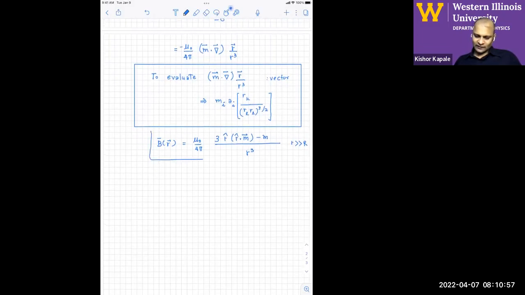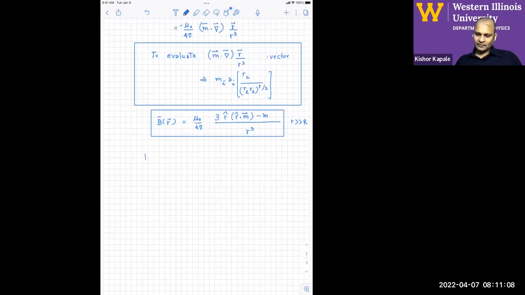So this is the magnetic field that you get. Okay, what is surprising here? Does anybody remember what this looks like? So recall that the dipole electric field was equal to 1 over 4 pi epsilon 0, right?